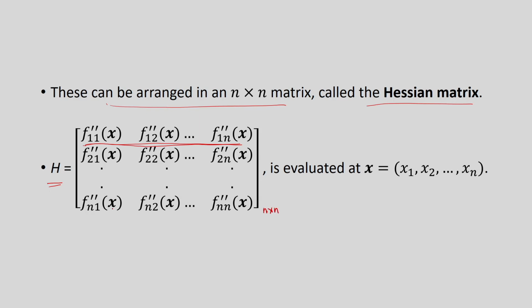and within the brackets these are the x's, right, and these x's are, as we have seen, vectors. So, this Hessian matrix is evaluated at this particular vector x, where x is equal to x1 x2 dot dot dot xn.